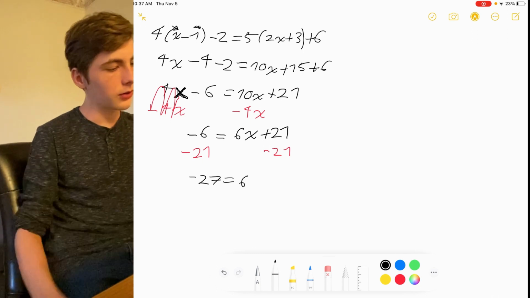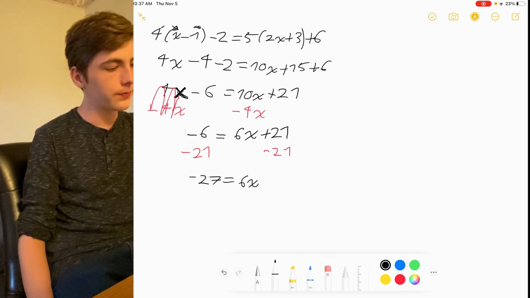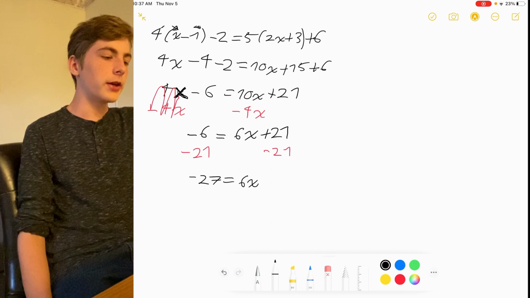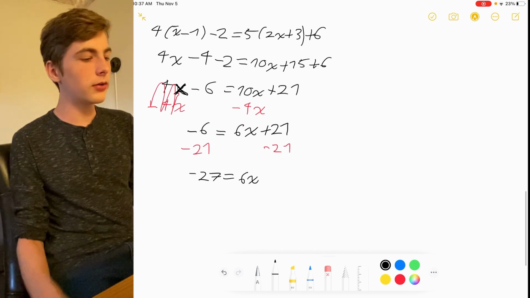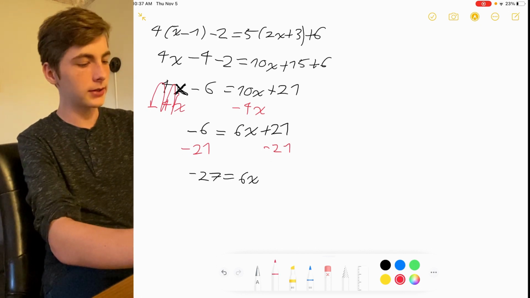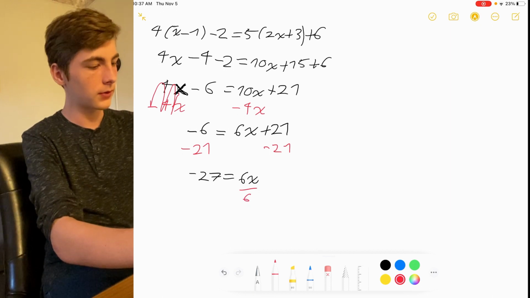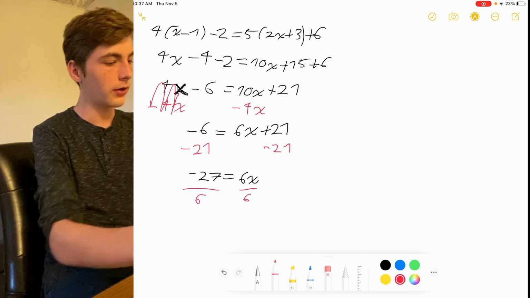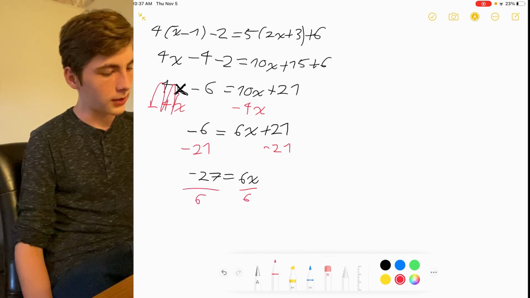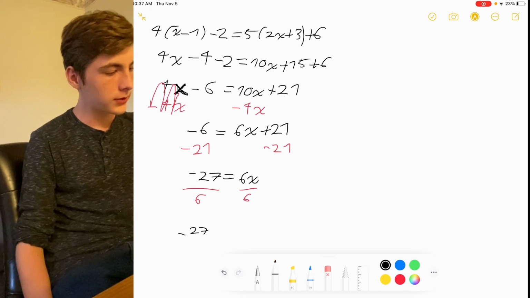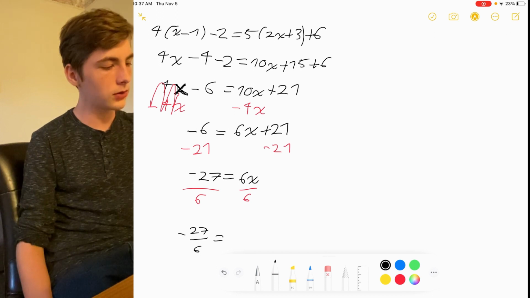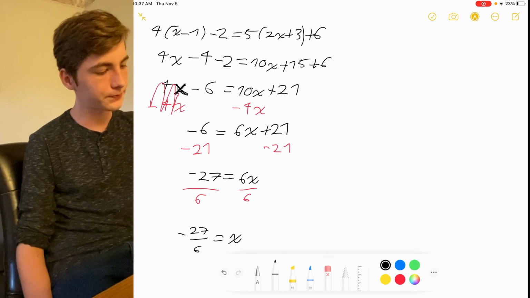And then over here, we're just going to have our 6x still. Step 4, make the variable coefficient equal to 1. And so we do that by dividing by 6 on both sides. And so we're going to get negative 27 over 6 is equal to x.